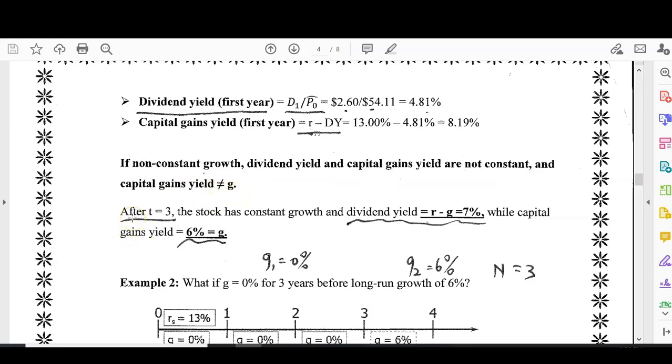However, in the second stage, after 3 years, the stock has constant growth and dividend yield becomes R minus G, 7%, while capital gains yield becomes 6%, G. So in the second stage, we can just use the two conclusions we had in the constant growth model setting, that DY, which is D1 over P0, is R minus G. CGY, capital gains yield, is the same as the growth rate of the dividend, same as the growth rate of the stock price, which is G. So that's how we work on two-stage questions to calculate P0, DY and CGY.